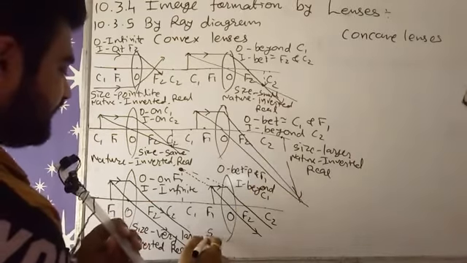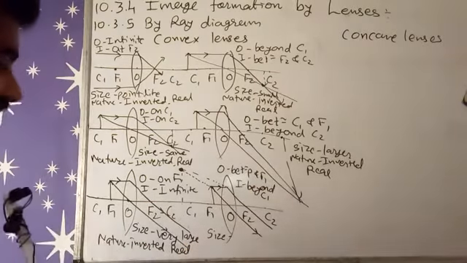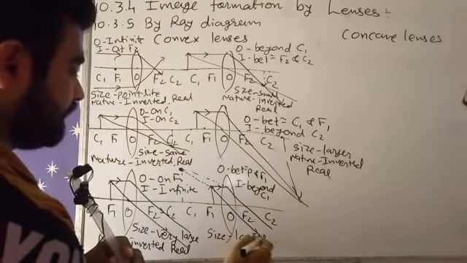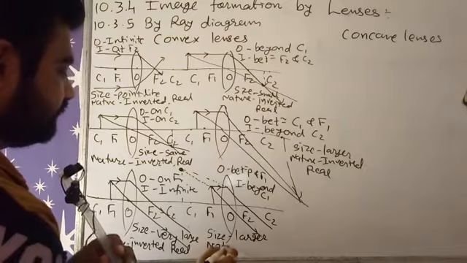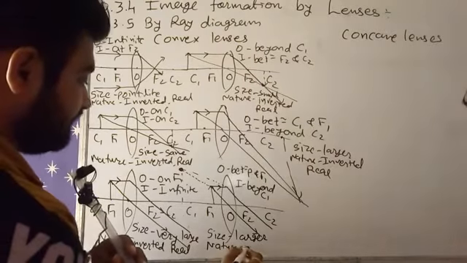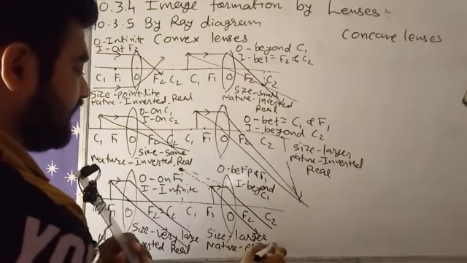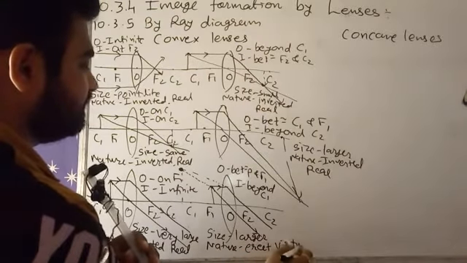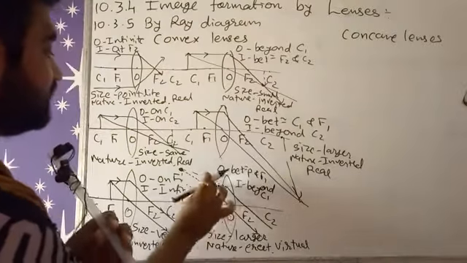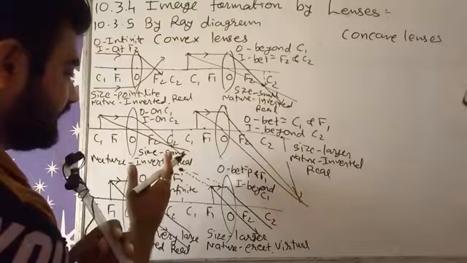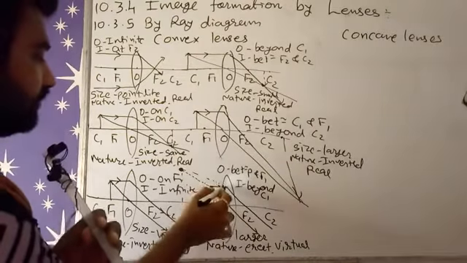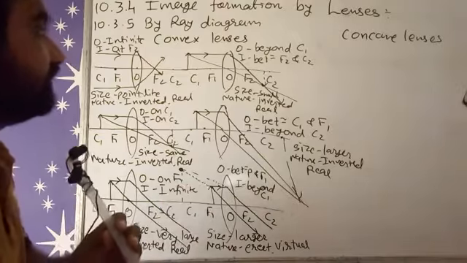The size of the image is larger, and the nature is not inverted; it is erect, upright, and virtual. Virtual because we have to draw dotted lines.